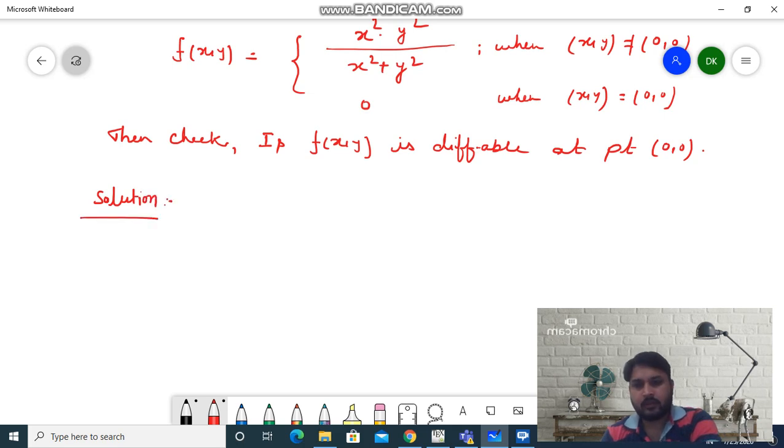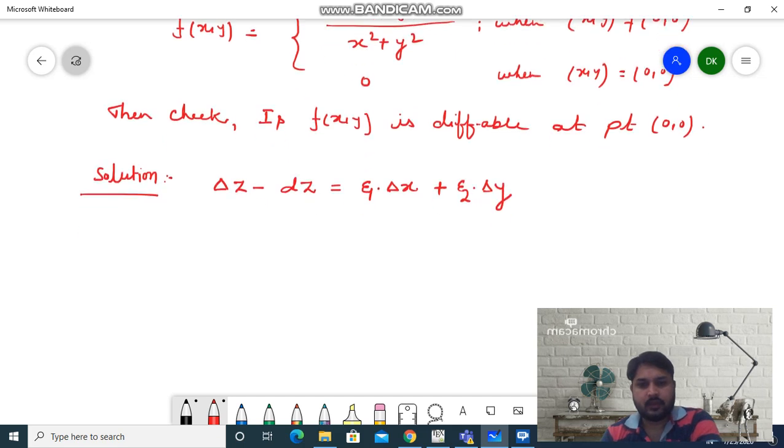First of all, we will construct the function delta z minus dz, and this will be equal to epsilon 1 into delta x plus epsilon 2 into delta y.